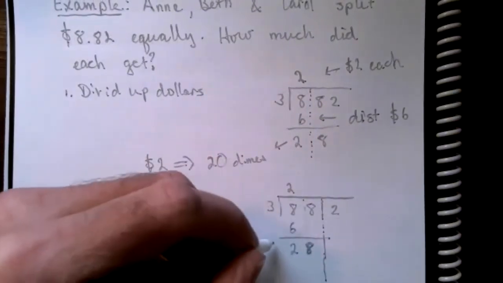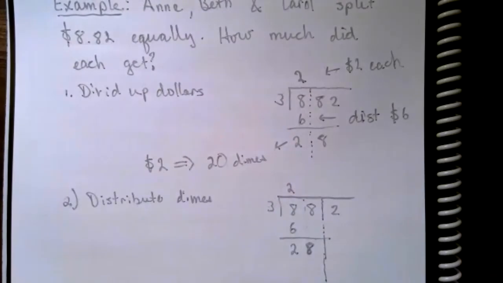So I've got 28 dimes. I'm distributing them among 3 people. How many dimes does each person get? Let's see, how many dimes?